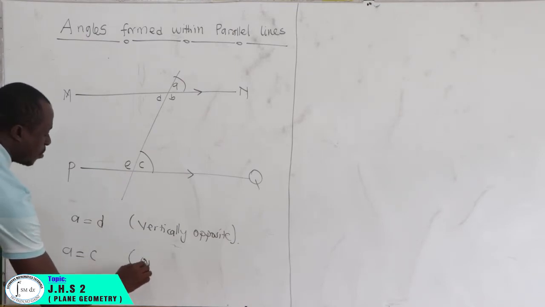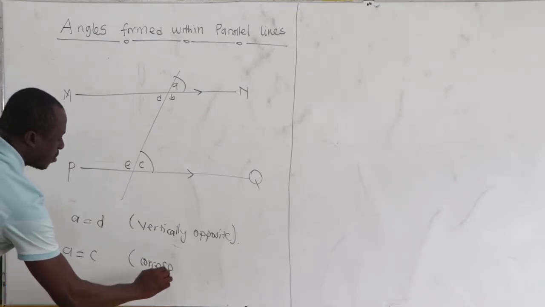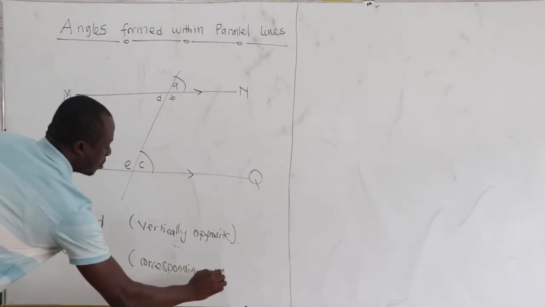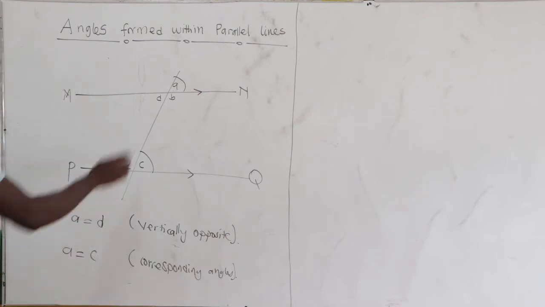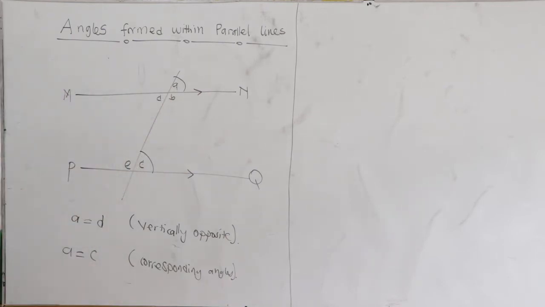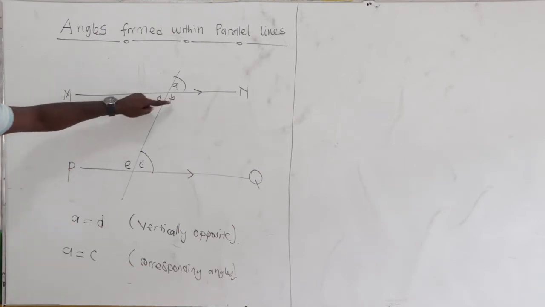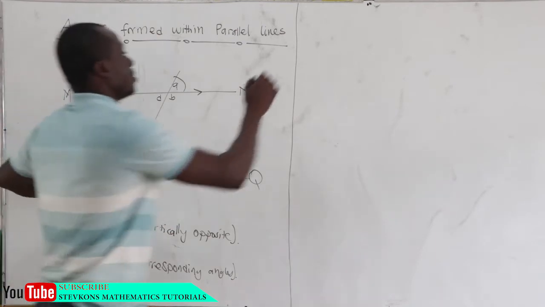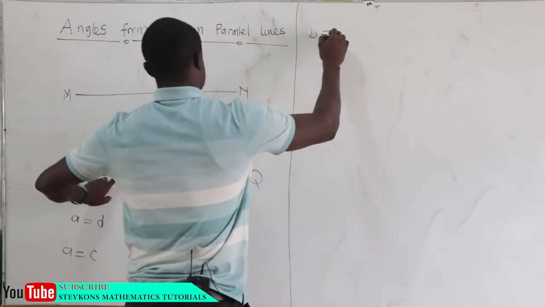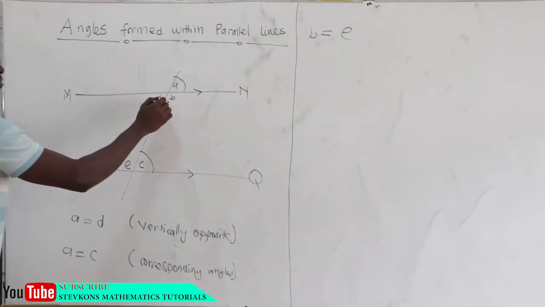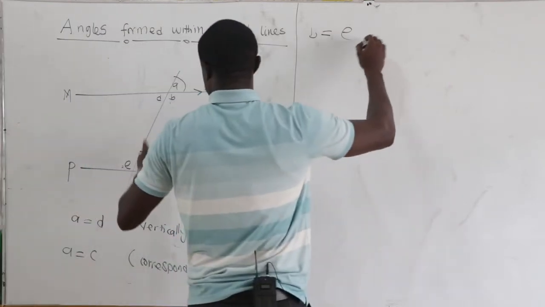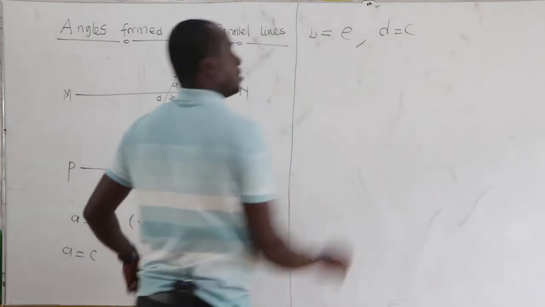Now angle A is equal to angle C. So A is equal to C. How do we call it? Corresponding angles. So corresponding angles are equal. Angle A is the same as angle C. Now also we say that B is equal to E, and then D is equal to C. So you say B is equal to E. The angle here, B, is equal to the angle E, and then we also say angle D is equal to C. How do we call it?